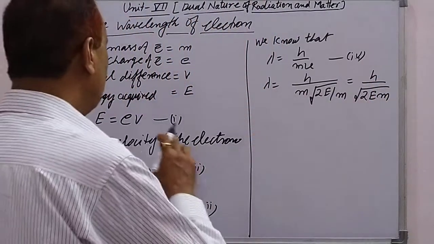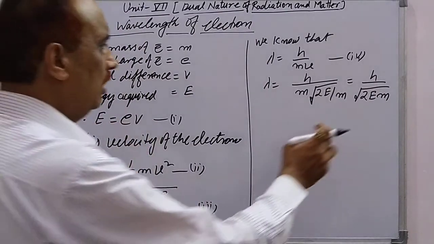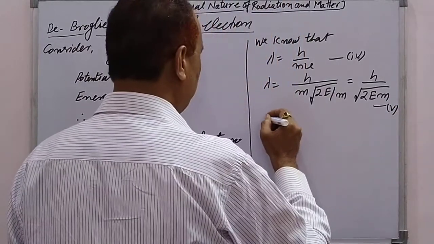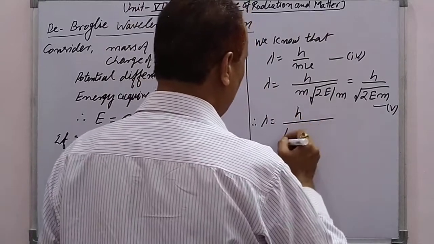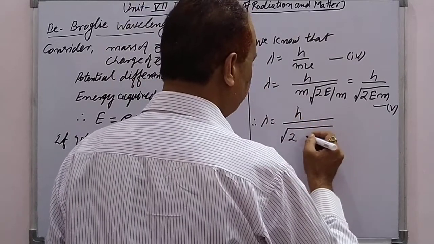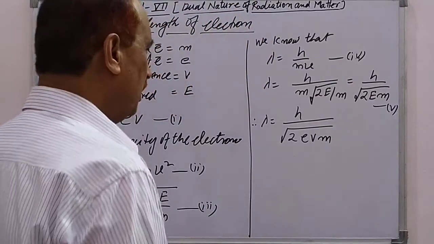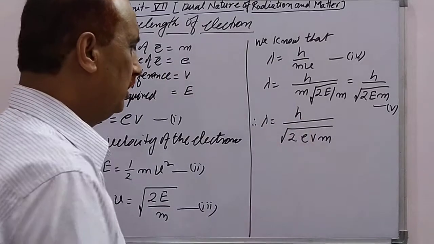Now from equation number 1 we put the value of E equal to eV in this equation. Therefore wavelength lambda equals h upon the square root of 2eVm. That is the equation for the wavelength.